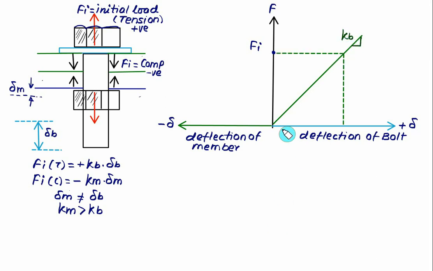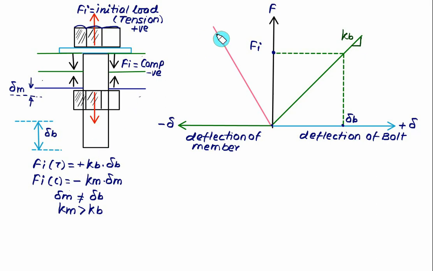If you measure the deflection from the origin up to this point, that will be the deflection of the bolt delta B, and the corresponding force will be Fi, taken as a positive value. Here the member is in compression, and the force on the member is a compression force.